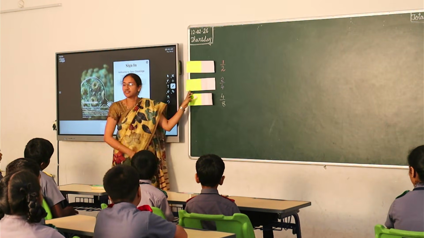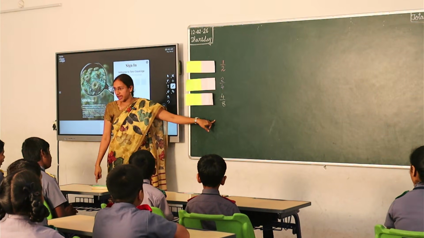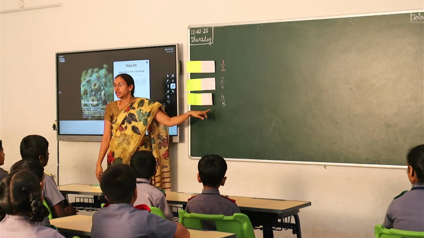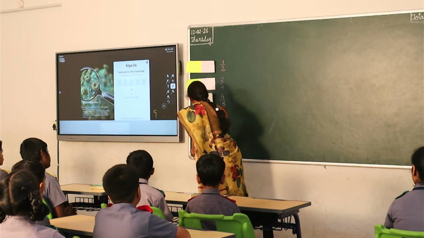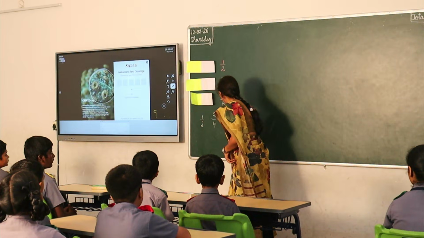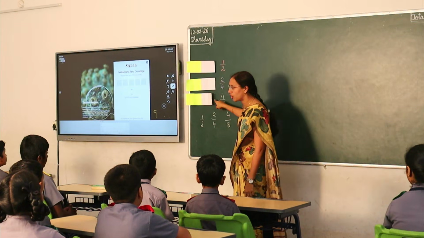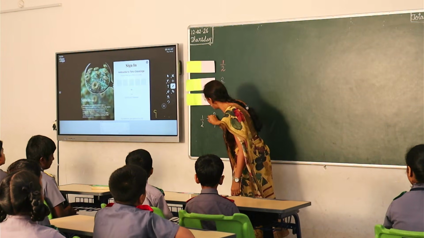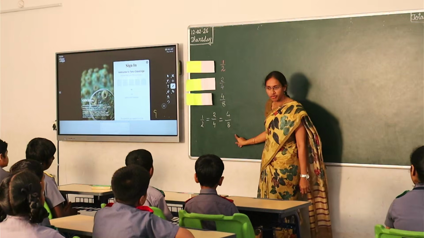Same area is colored but represented with 3 different fractions. Same area, different fractions. So here see, 1 by 2, 2 by 4, 4 by 8. In these 3 strips of paper, colored parts are equal, but they are represented by different fractions.